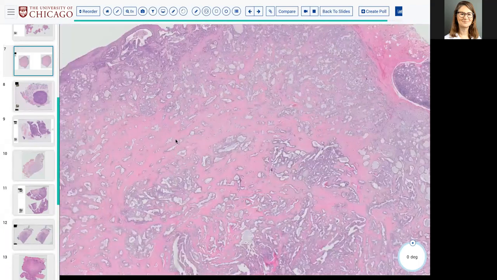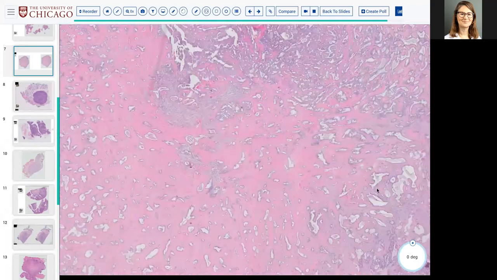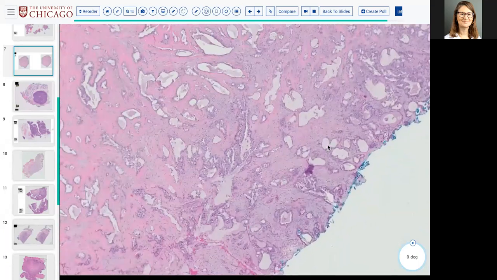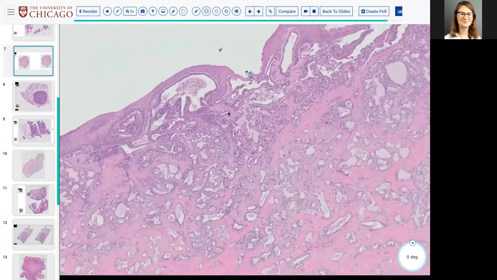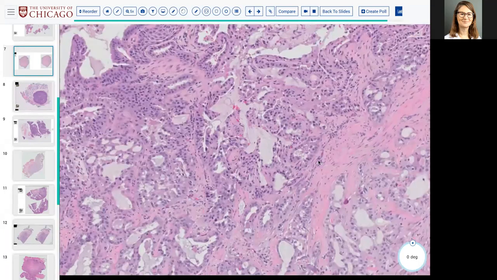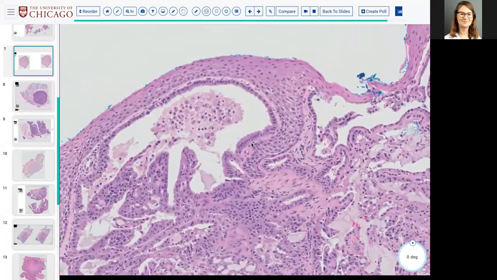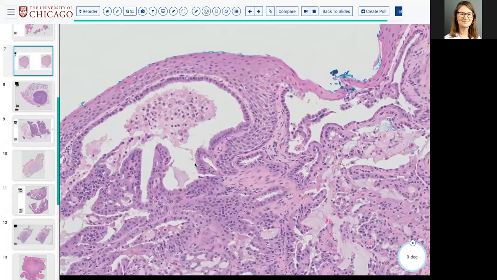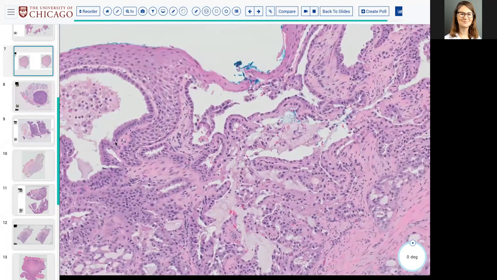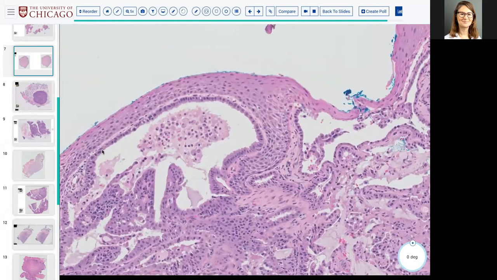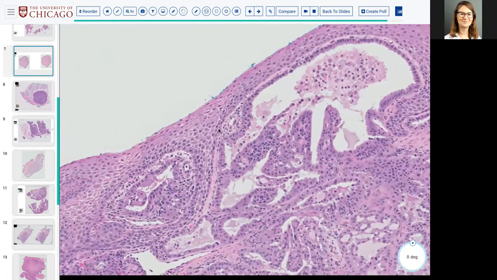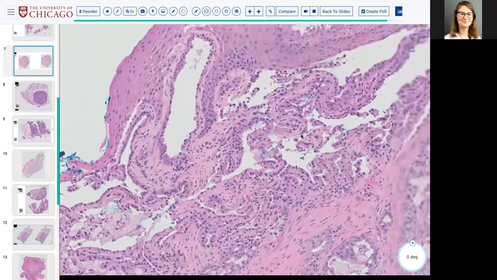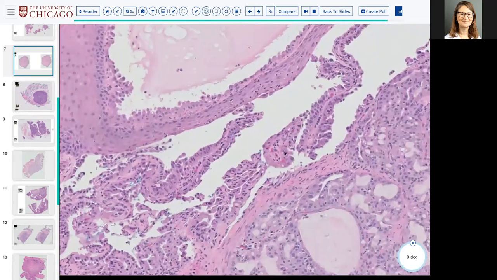So you want to look for the presence of any entrapped non-neoplastic units within the center of the tumor, or infiltration at the edge, where I do think there's a very close approximation of the tumor to the epithelium. So yes, I do think this is invasive, at least at the periphery.